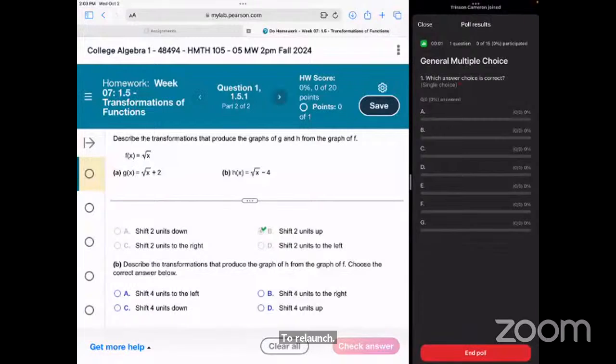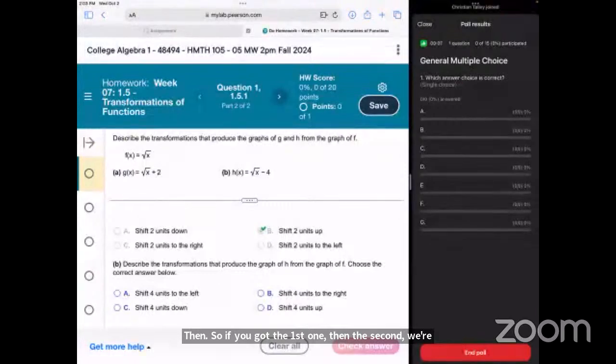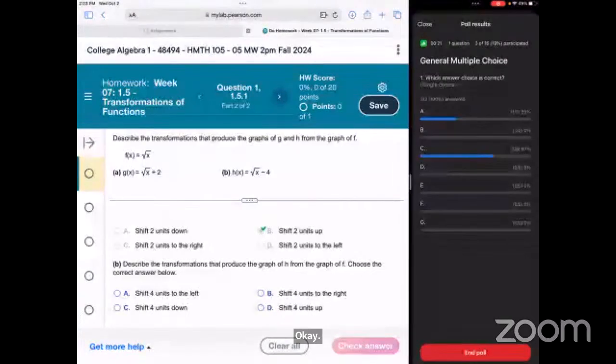So if you got the first one, then the second one should be pretty straightforward. We're saying -4 on the outside. Let me just go quickly here. Okay, so that -4 is on the outside. Take a few more seconds here. All right.